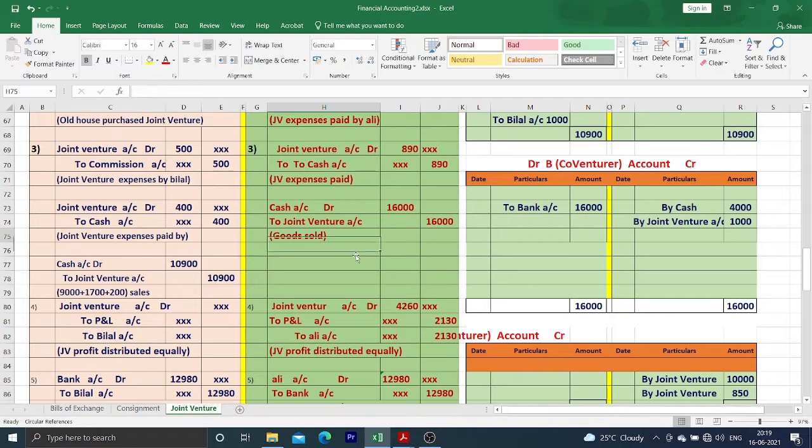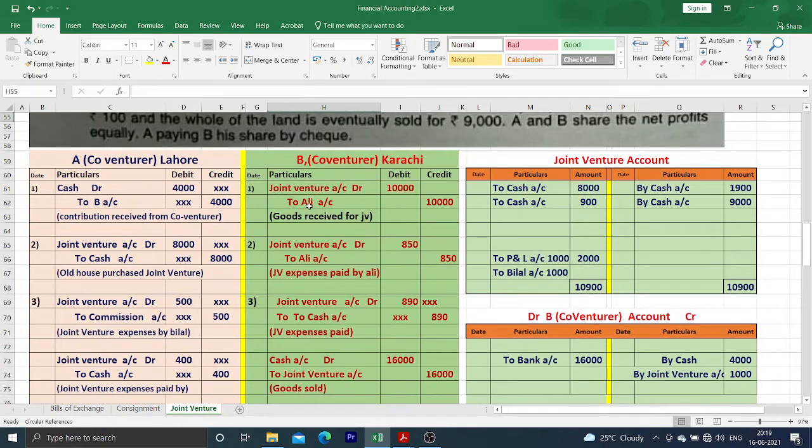So in this, first we will complete the joint venture account. Cash account data to B account. In B account, by cash 4,000. Joint venture to cash 8,000.